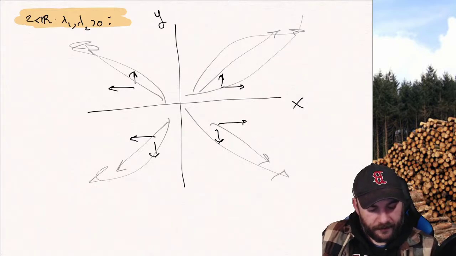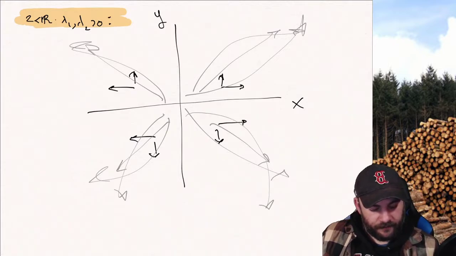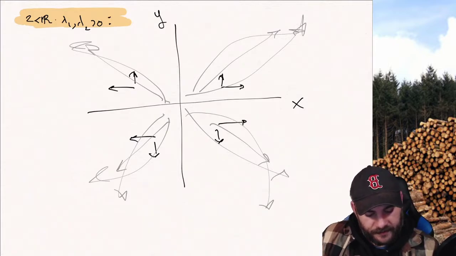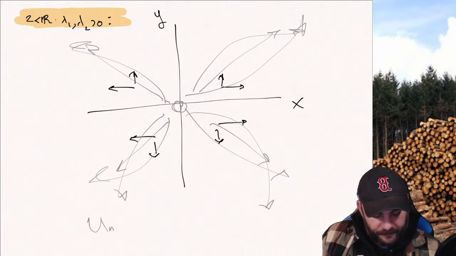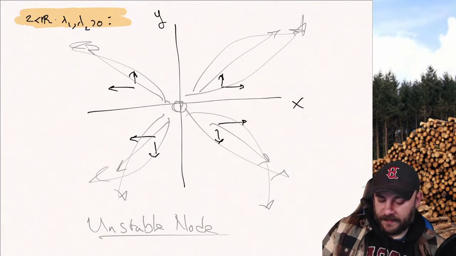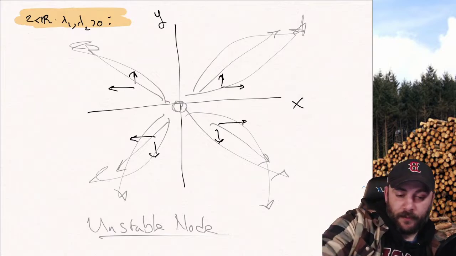Or it could go like this. These are all different options, and I probably should have drawn them in different colors. But the important part is that they are all going away from the origin. We call that an unstable node. It's unstable because basically all flow goes away from it.